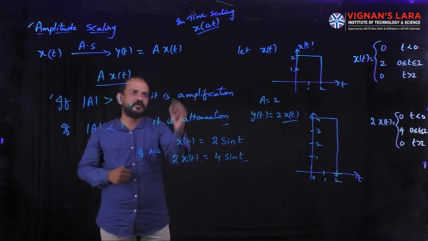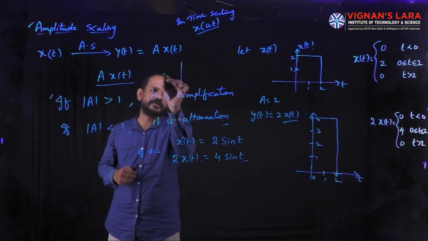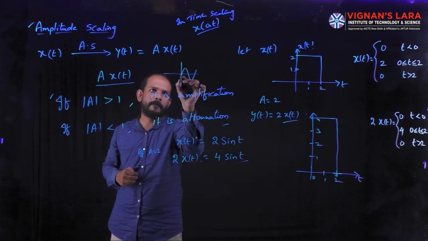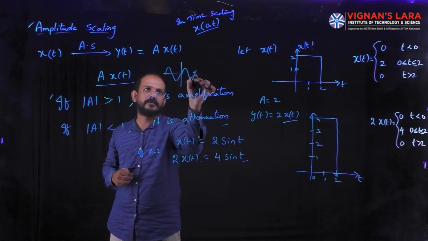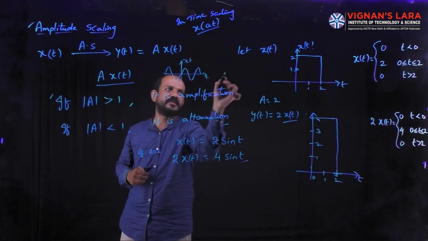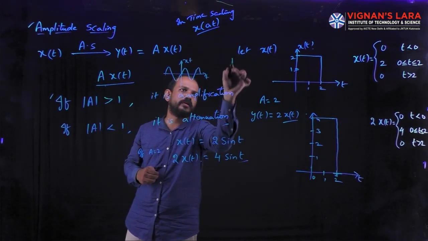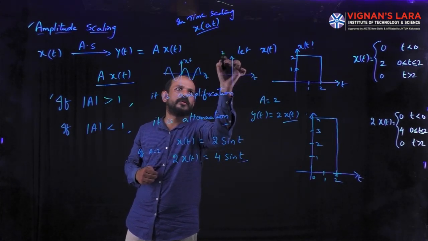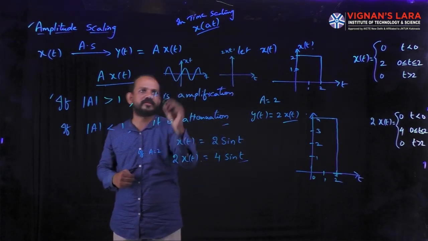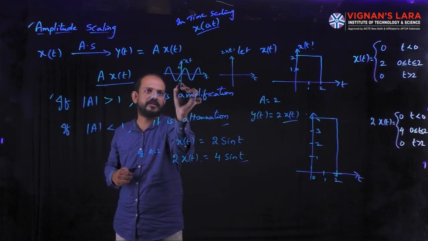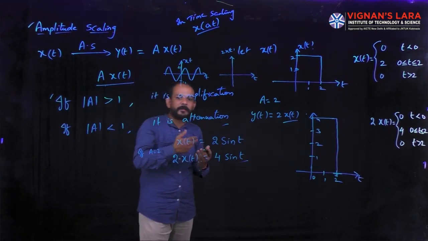In the same way, if you take a sine wave as x of t, this is t. Now 2x of t, let's consider this as plus 1 and this as minus 1. Now that will be multiplied with 2.